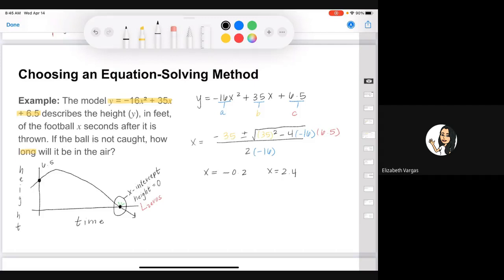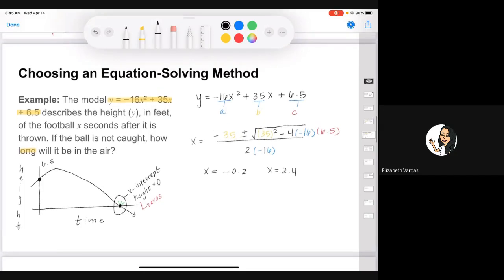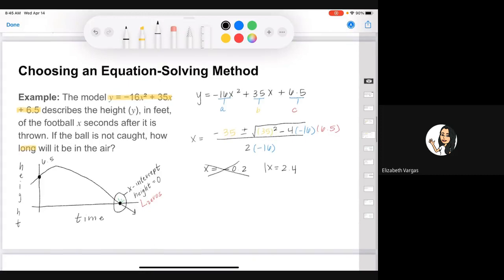Well, what I'll notice is I cannot have negative time, right? I can't start to identify what my height is even before I throw that football. And so I can't have negative time. That leaves me with this x, and that x would tell me how long it'll take for the ball to hit the ground if it is never caught.